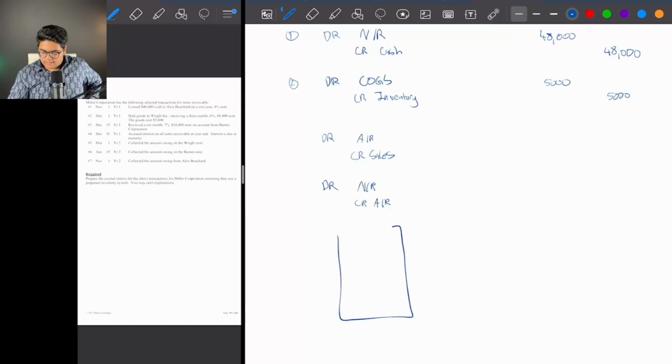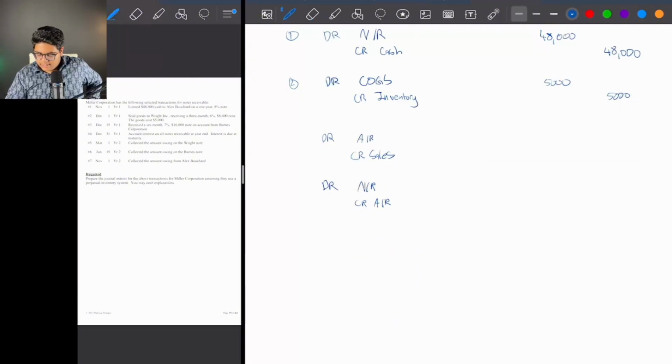If you think back to my asset box, you would have your notes receivable and then your accounts receivable. Let's just say your accounts receivable was at 100%, but now you added some notes receivable. So now your accounts receivable goes down by a bit, hence the credit, and your notes receivable goes up by a bit, hence the debit. So this essentially would have been the original entry.